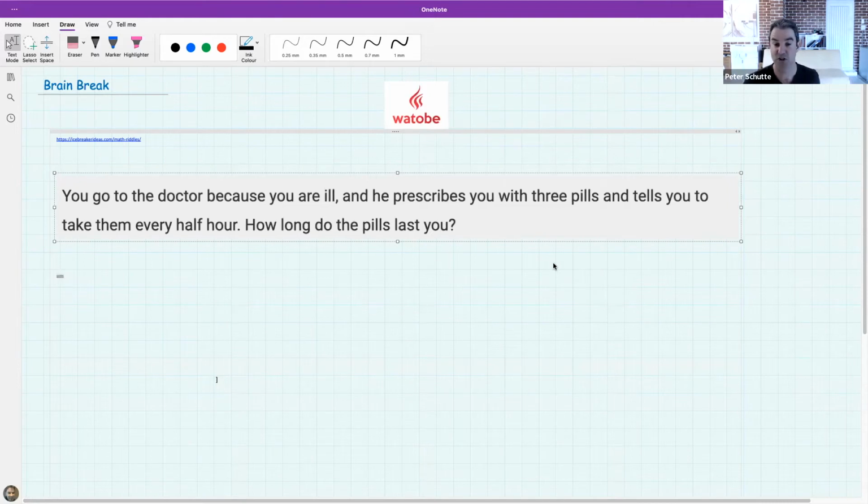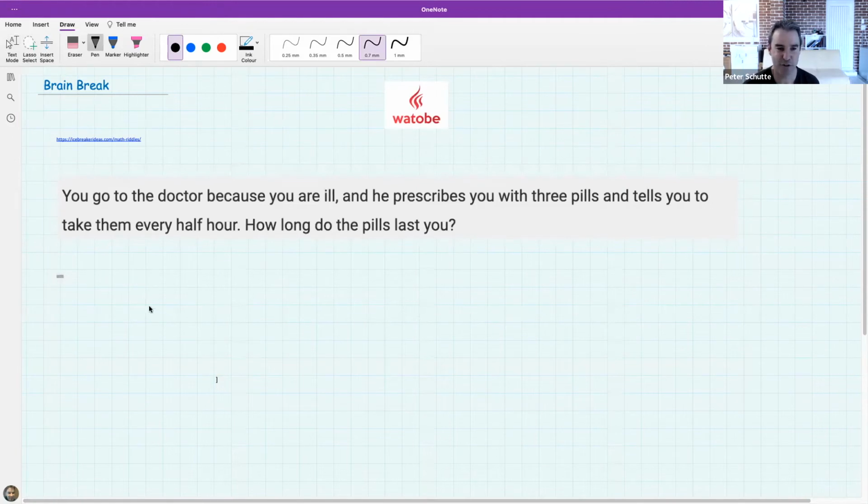Okay, so I'm going to show you how I take my pills. I take my first pill now, and then I wait half an hour and I take another pill. And then how many pills have I got left? That's my hint for you. So watch out, you're being caught out, guys. So think about, you take your first pill.